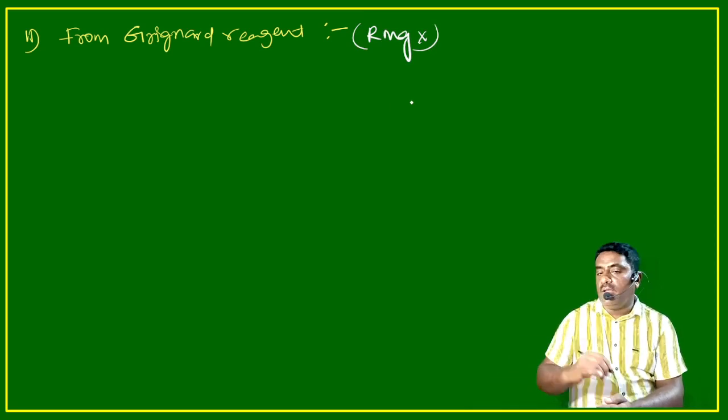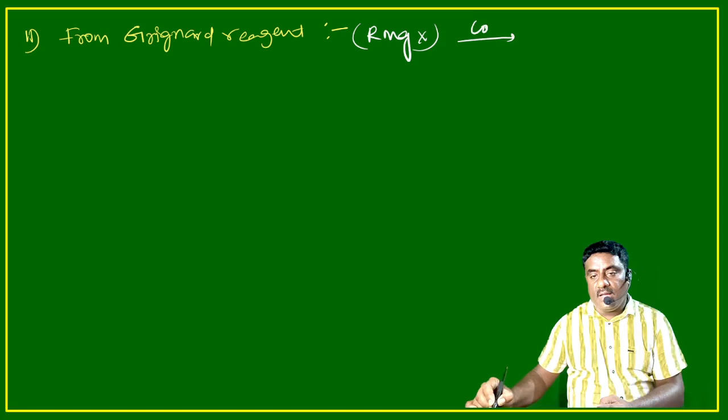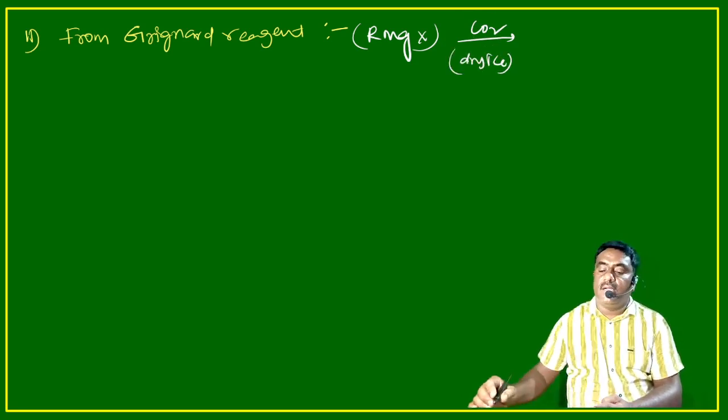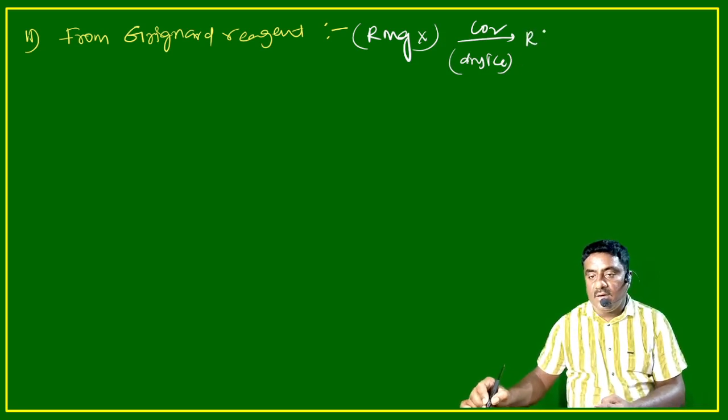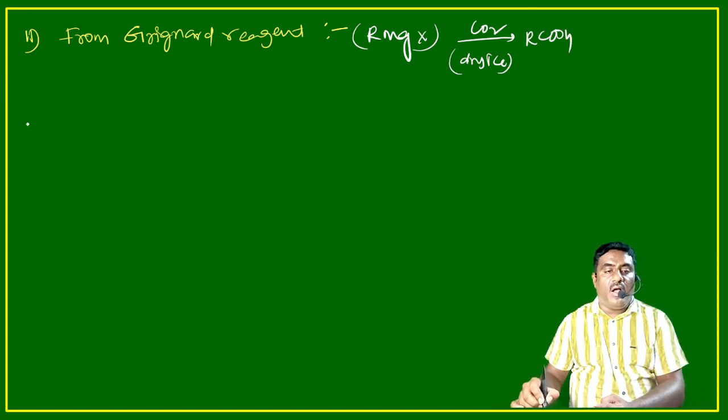From Grignard reagent to carboxylic acid, generally alkyl magnesium halide in the presence of carbon dioxide, solid carbon dioxide being dry ice, gives carboxylic acid, COOH.